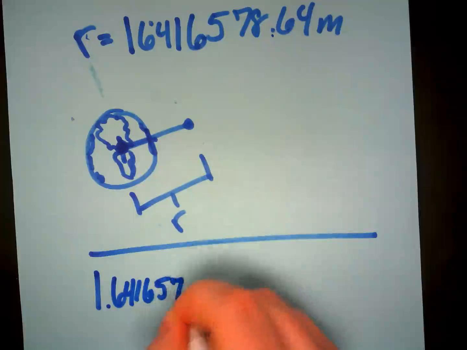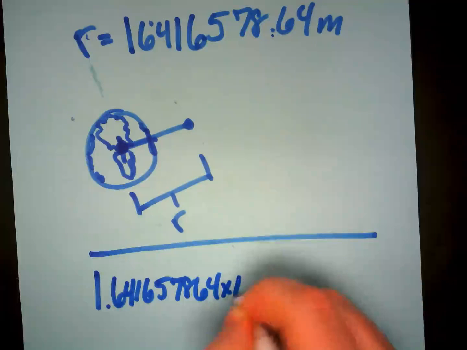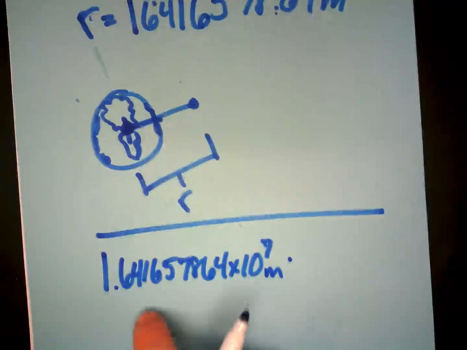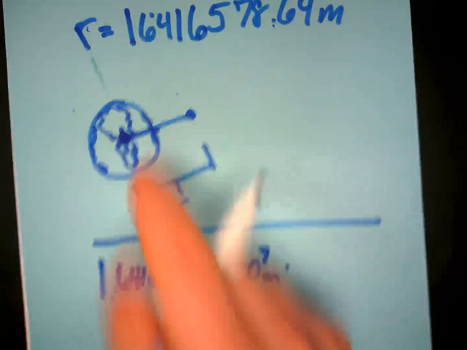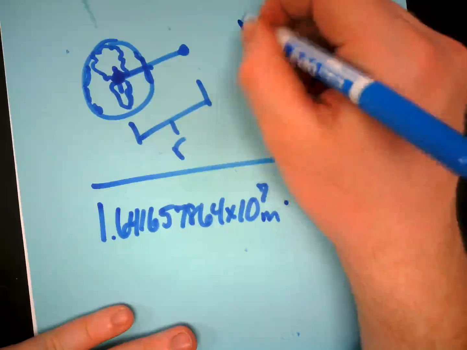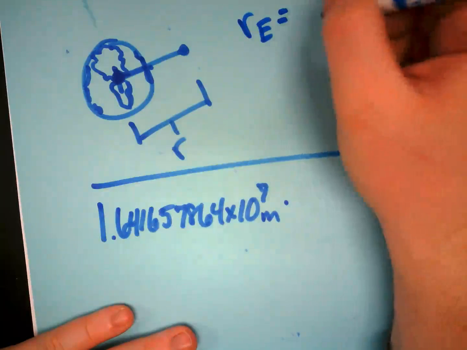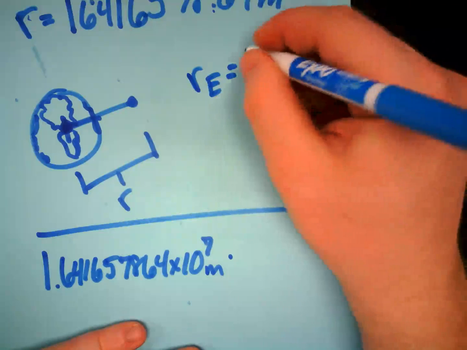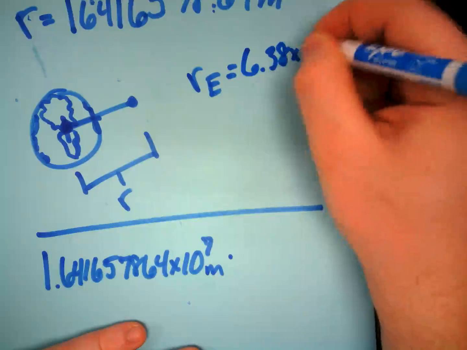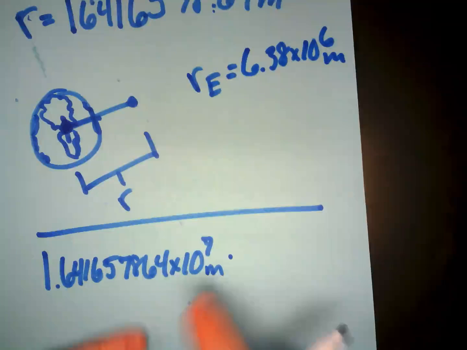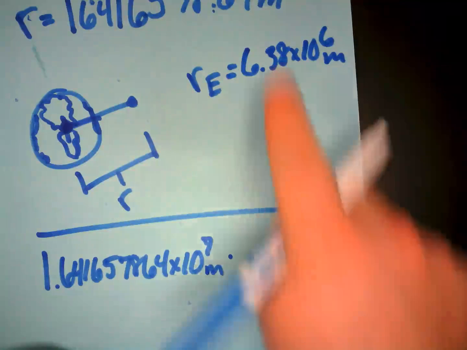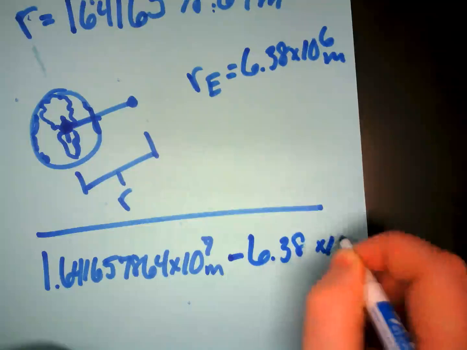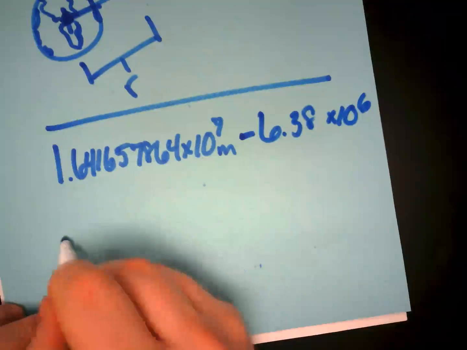Just so we have a perspective of the size of this, here is the distance from the center of the Earth to our guy, but then the radius of the Earth, if we look at our chart, is just 6.38 times 10 to the 6th power meters. So it's going to be this number minus 6.38 times 10 to the 6th power, which gives us a radius here.